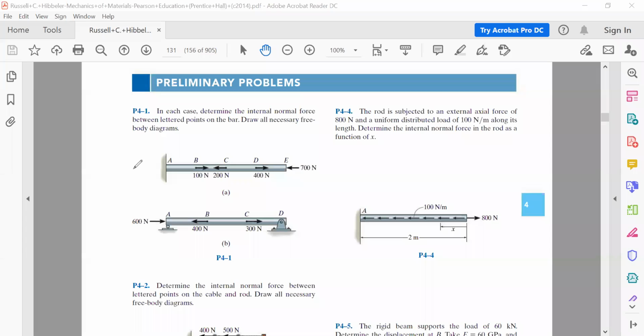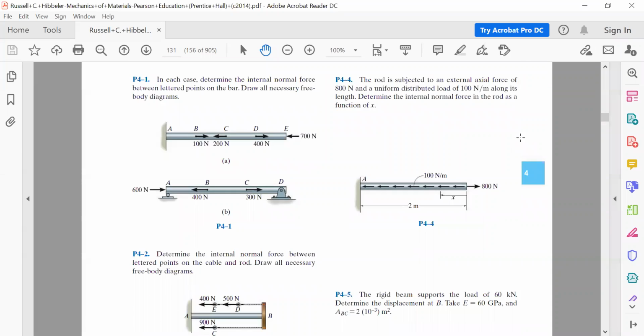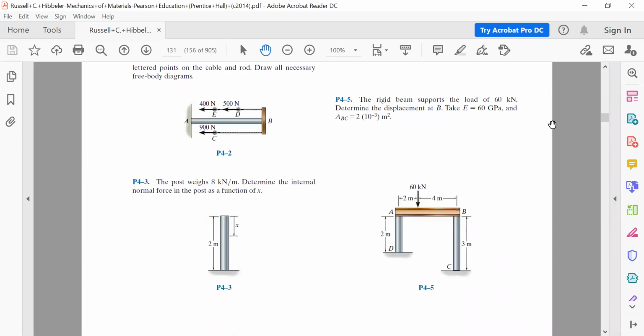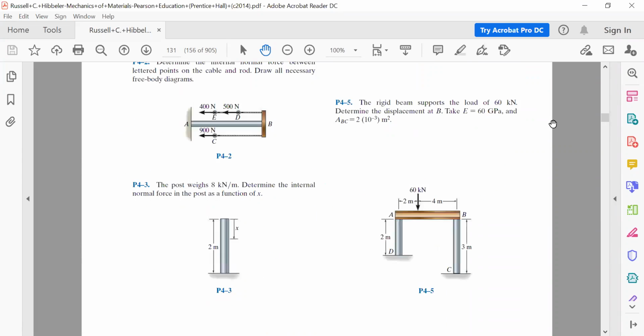You have problem 4.1, this problem is to be solved. In the same way you can try this problem. I request my students that they should solve all the problems of this section, that is up to fundamental problem 4.5, because these problems are simply based on this concept.